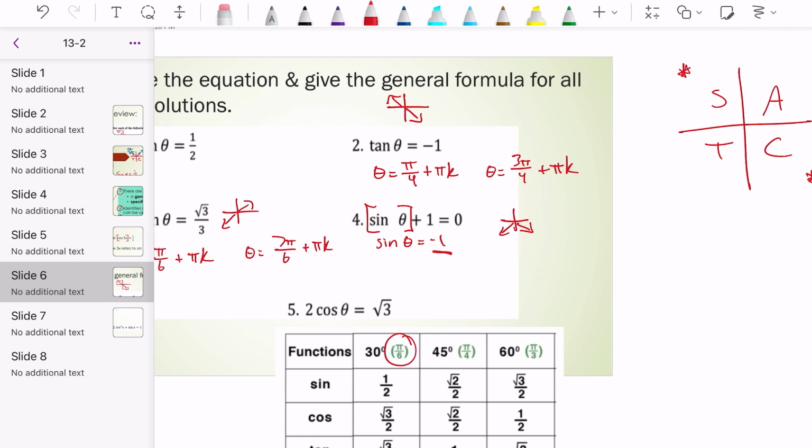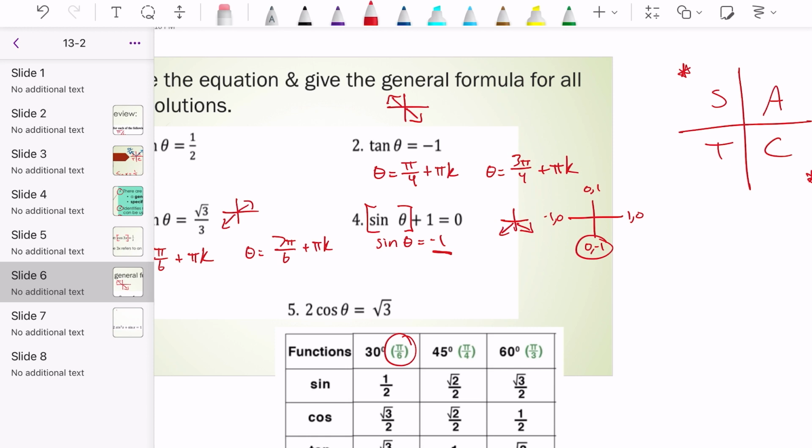So we take a look at where sine would fall at -1. This would be 1, 0, -1, 0, 0, 1, 0, -1. This can only occur in one place, which is 3 pi over 2.